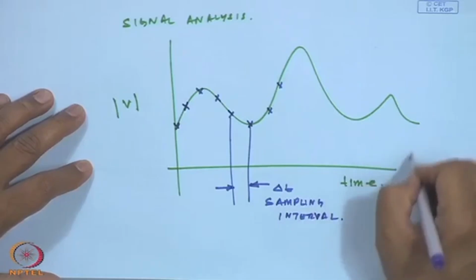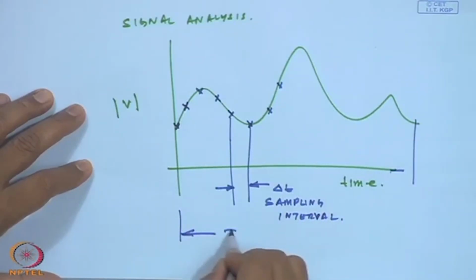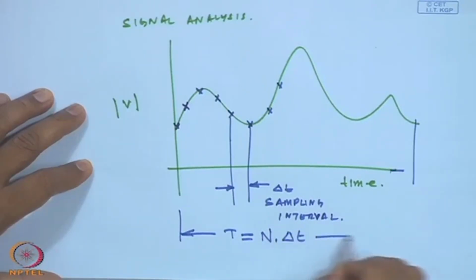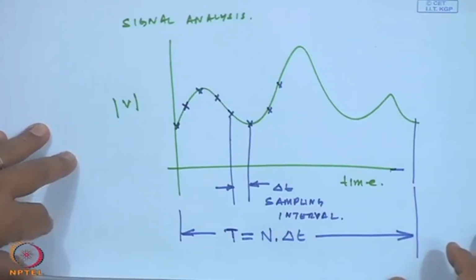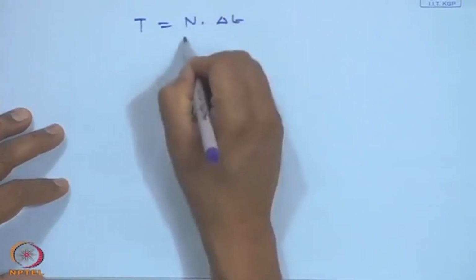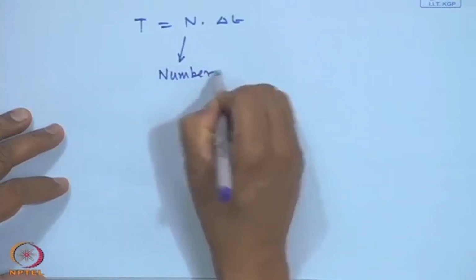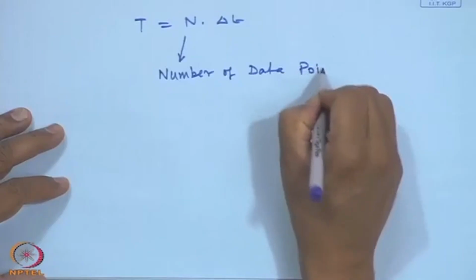The total time of this data, T, is equal to N times delta t, where N is the number of data points.